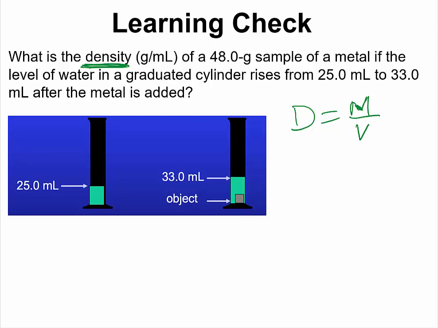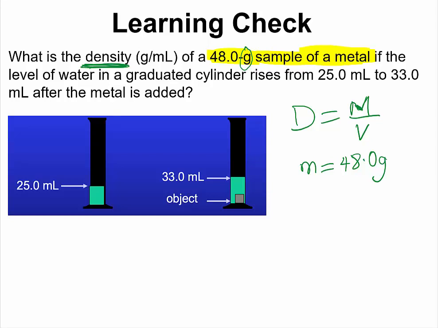For this substance, we have a 48.0 gram sample of a metal. So we know what the mass of the substance is, because grams is the unit of mass. So mass is equal to 48.0 grams.